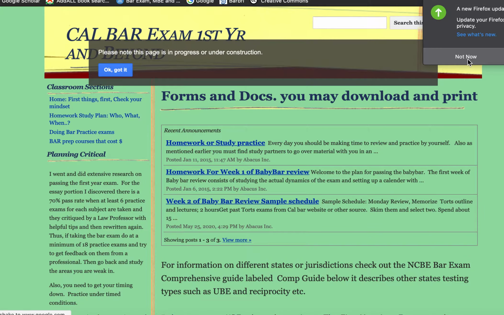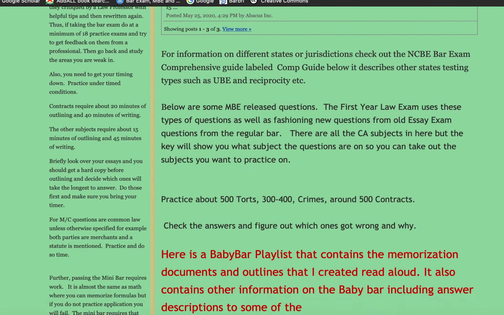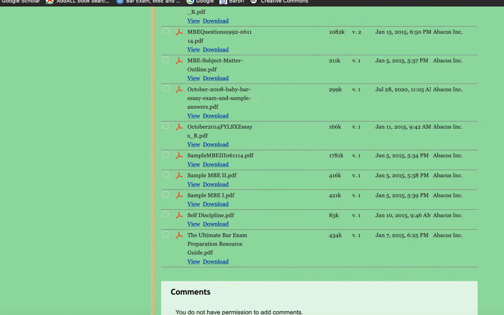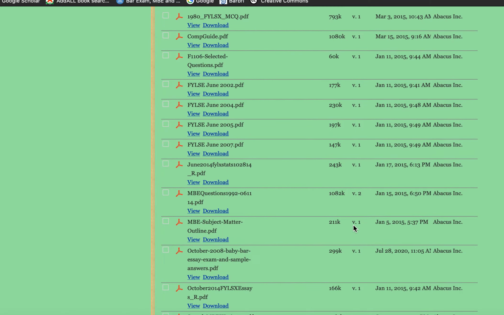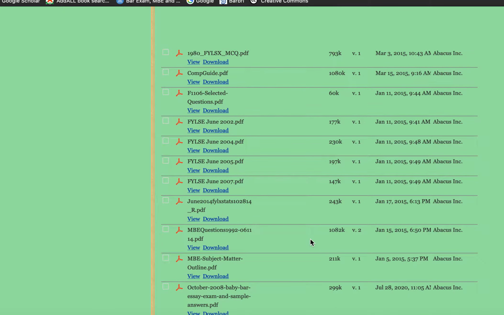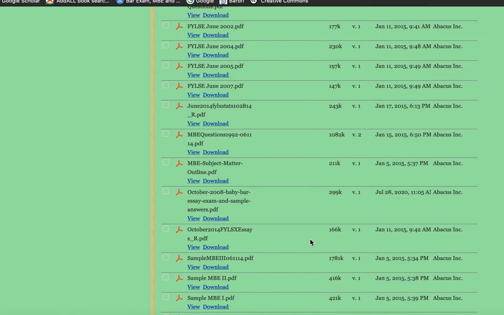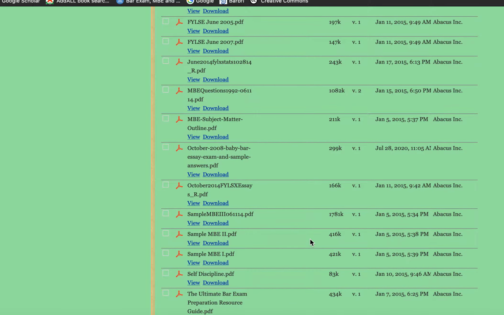And basically the California Bar releases other bar questions, and you can do practices. They have multiple, the National Conference of Bar Examiners also has released MBE questions and released MEEs, which are essays.